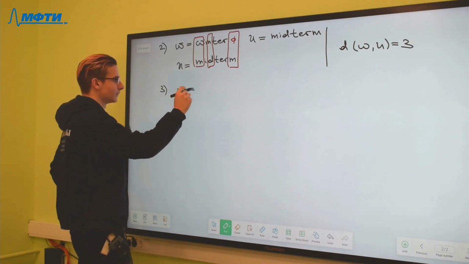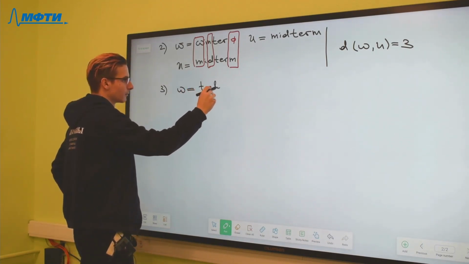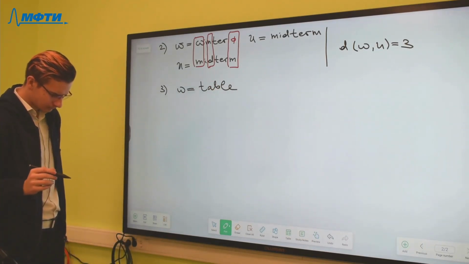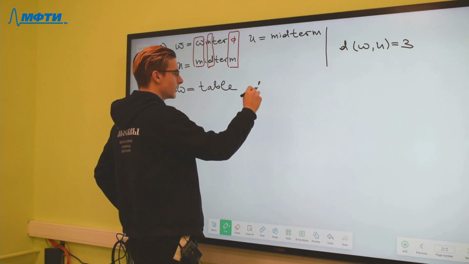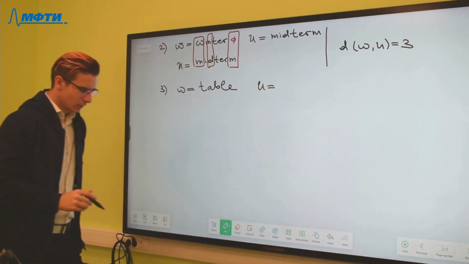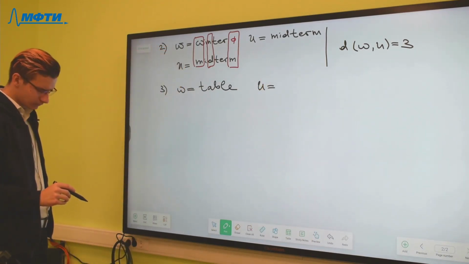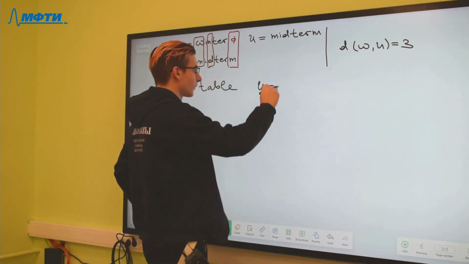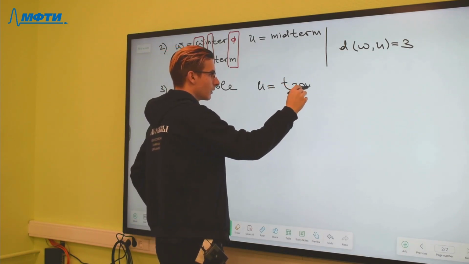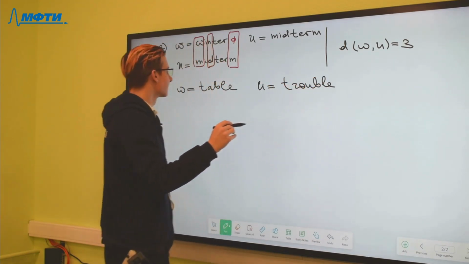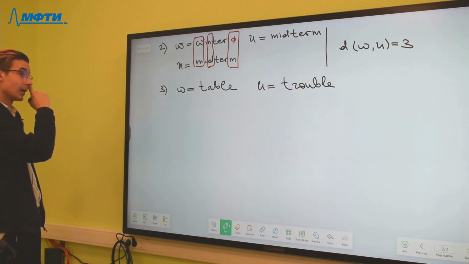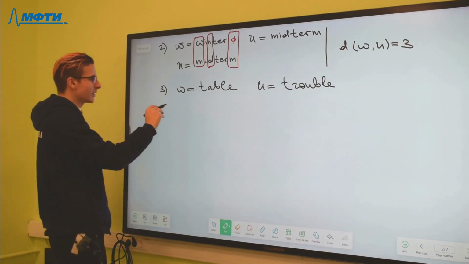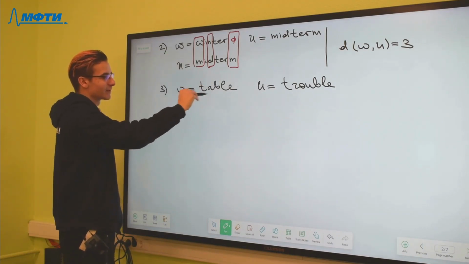So about the other, for example, table and trouble. We can try to write this word under this word.